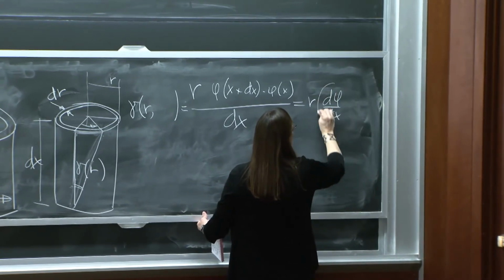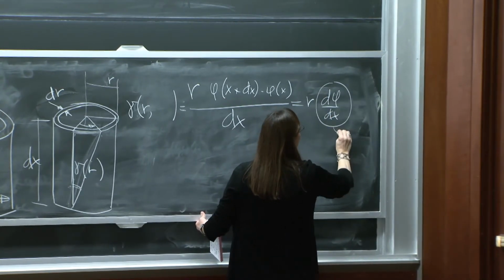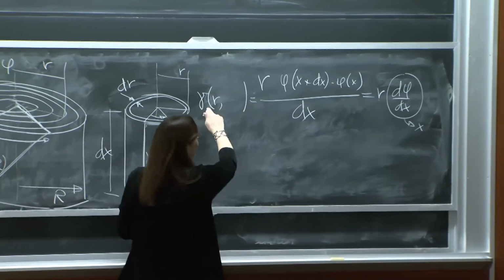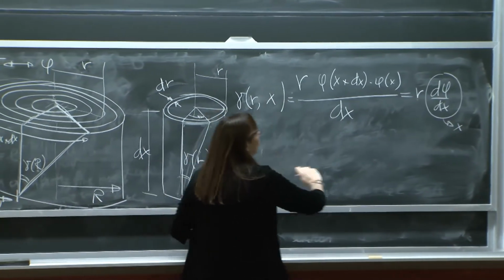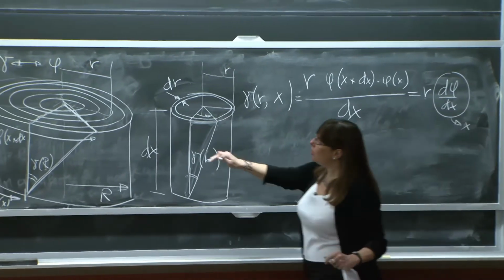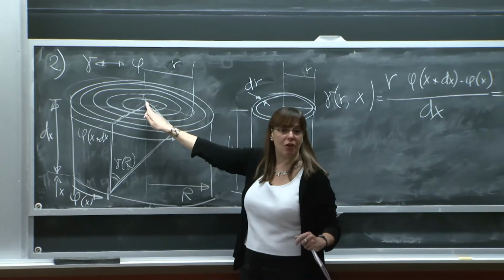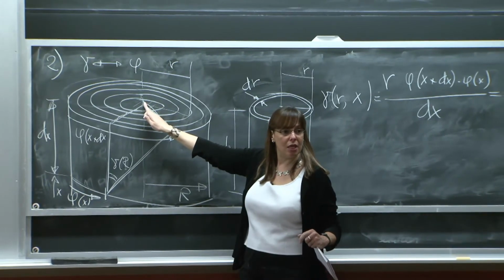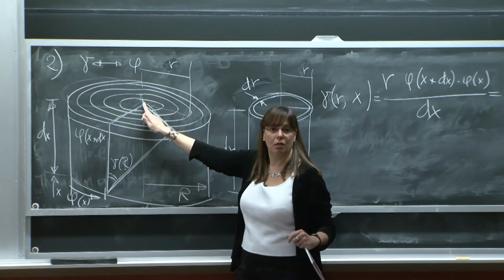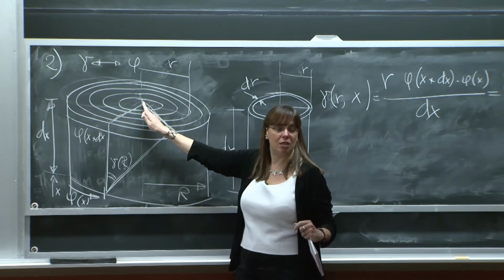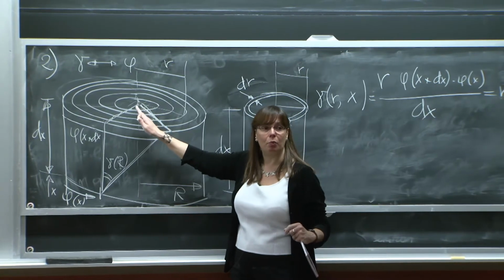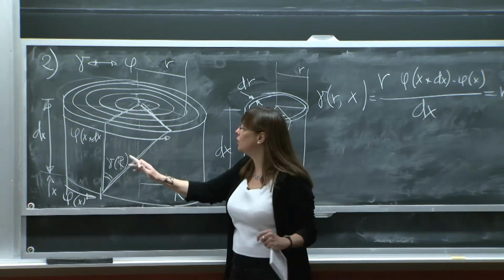This one is a function of x, but gamma depends not just on x through d phi dx, it also depends on how far you are from the axis of the shaft. Your gamma is not constant over the cross section. This is a major change from axial loading. This makes your life a little more complicated than it was in axial loading.